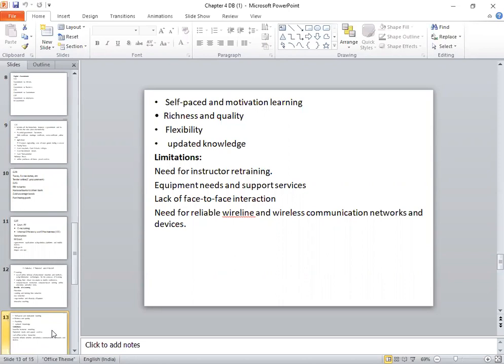Coming to the limitations: here the instructors themselves have to be on their toes. Only then is it possible to reach the customers. That is retraining; they will have to be updated with what's going on around the globe. That's why we say more than one expert is involved with reference to a particular course, so that all the dimensions of the course get covered.